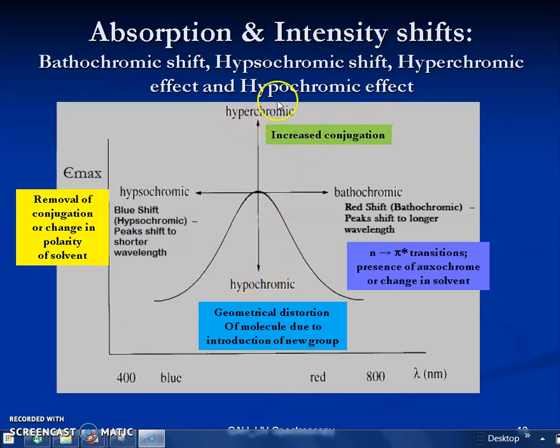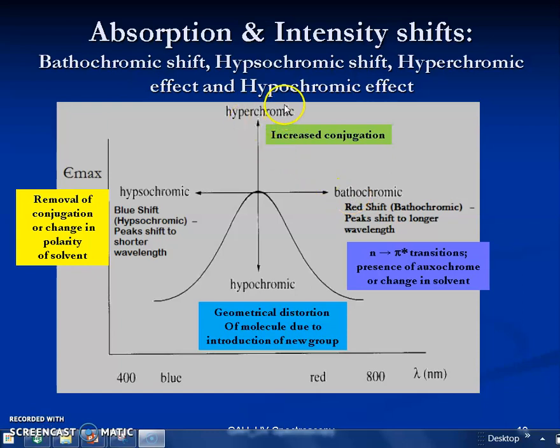Hyperchromic shift is usually observed when there is an increase in the absorption, or an increase in the electronic richness, or an increase in the conjugation. If I add more auxochromes as I did in bathochromic shift, they tend to show hyperchromic shift along with bathochromic shift.